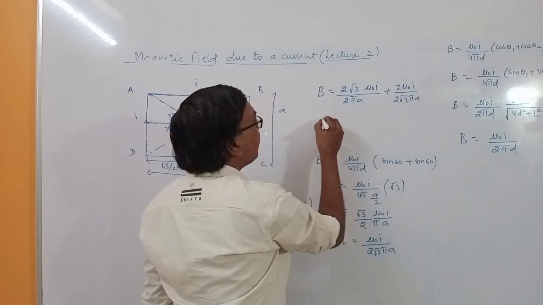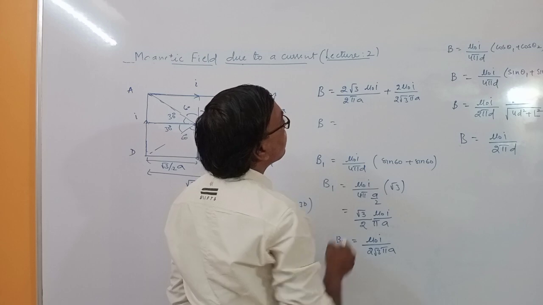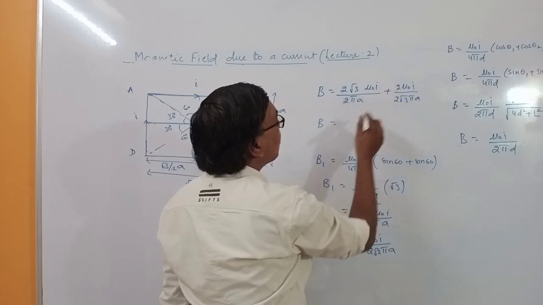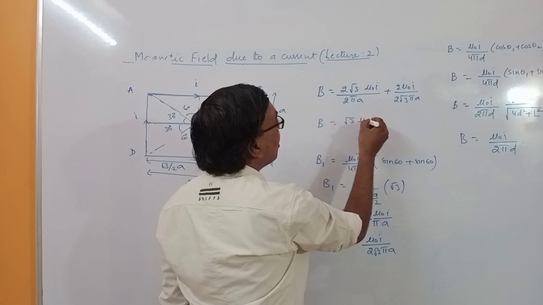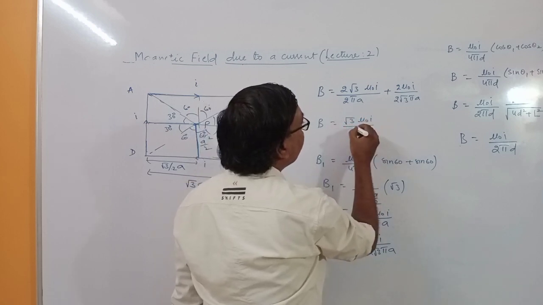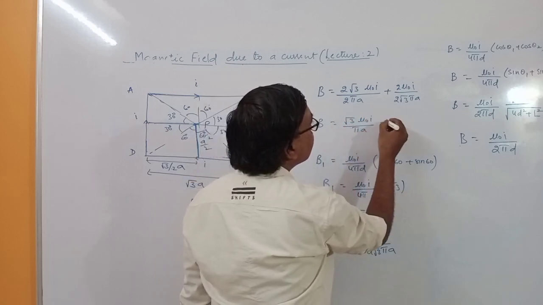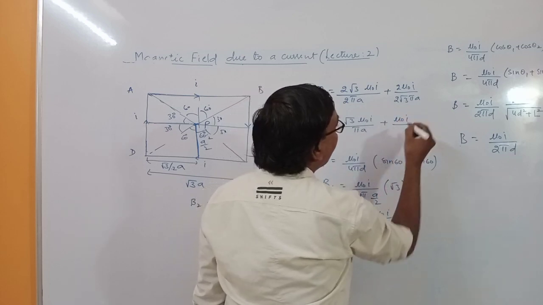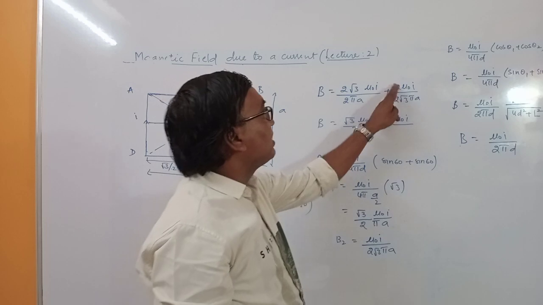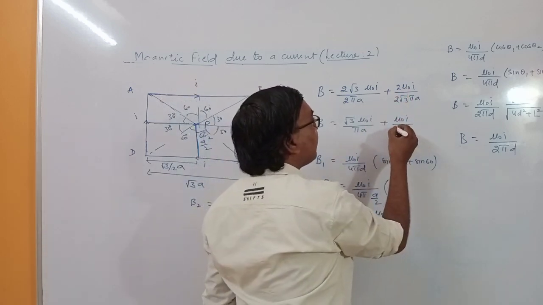So the total field at this point: 2 cancels, here 2 cancels, so that will be root 3 mu naught I upon pi a plus mu naught I upon root 3 pi a.